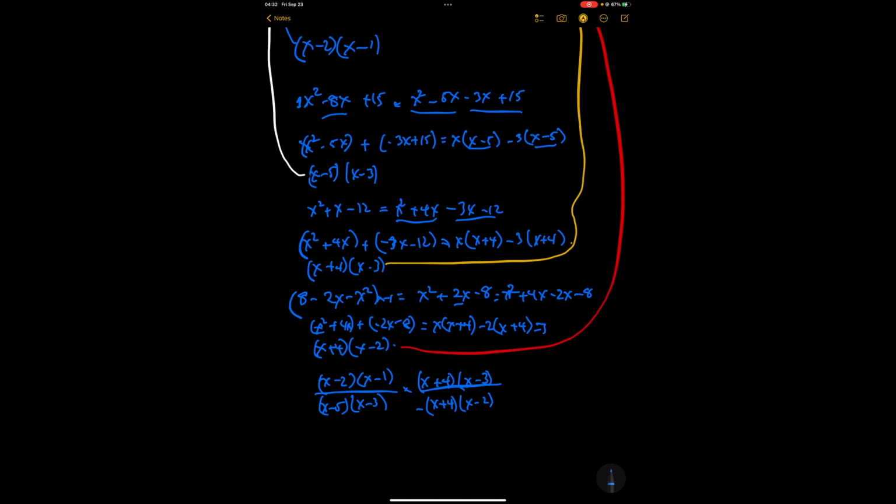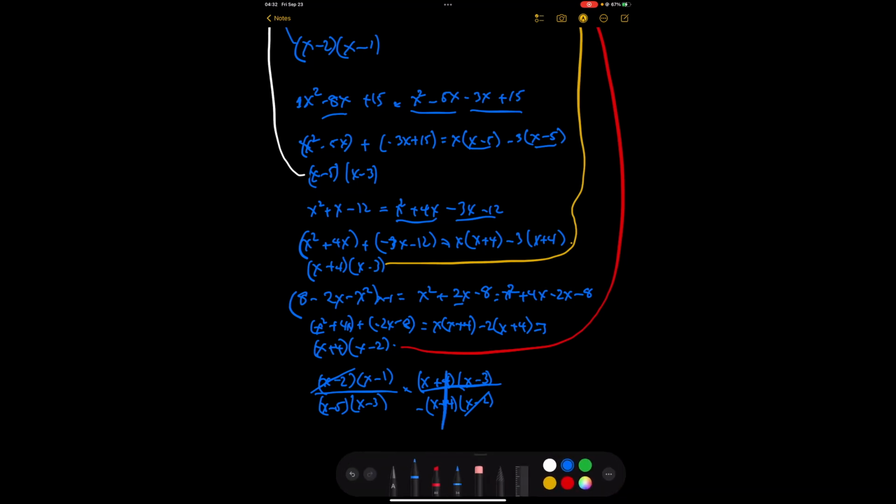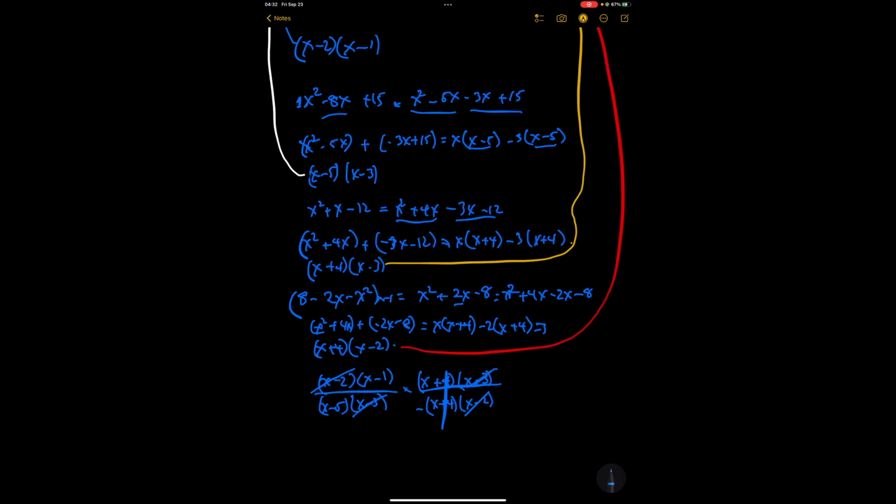So now, what do we get? Well, we have an x minus 2 here and x minus 2 here. We're going to simplify that to equal to 1. We have x plus 4 here equals to 1. And we got an x minus 3 here and x minus 3 here equals to 1. And so what do we get now? We get x minus 1 over x minus 5 times negative 1.